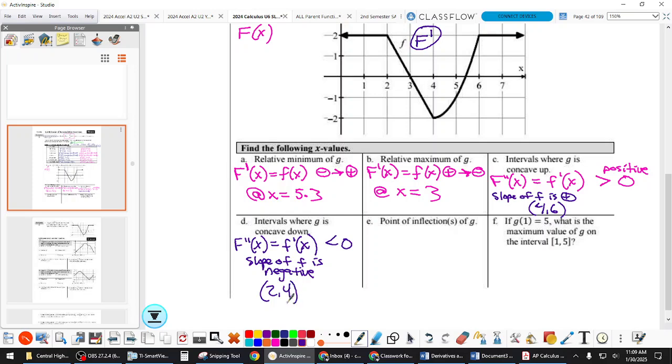All right, points of inflection. So this is where you have to be careful. You can start by looking where big F double prime changes sign. That means that F prime changes.